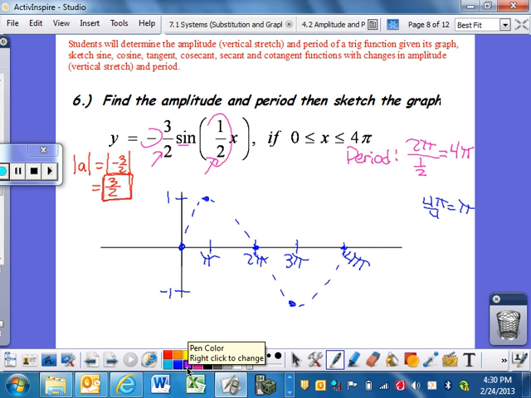Okay? So we're going to do them both in the same skill here. So I know my amplitude is going to stretch 1.5 times. So instead of being at 1, it's going to be at 3/2. And then instead of 1, I'm going to say -3/2. So what does this mean? At 0, that's not changing. Nor is this one, nor is this one. But instead of being at 1, my amplitude says this thing's got to stretch to 3/2.